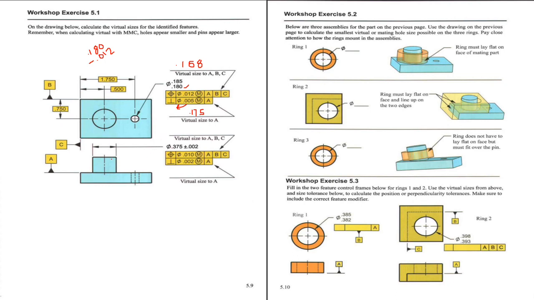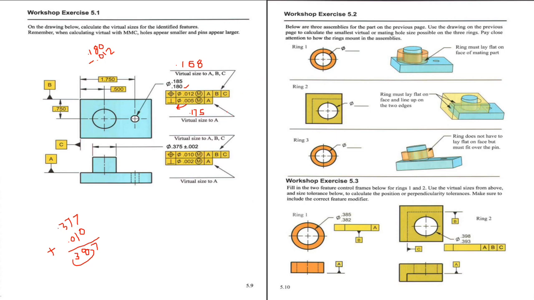Then next here for this pin, MMC would be 0.377 plus this position tolerance, which is 0.010, and we will add this. So 0.387.